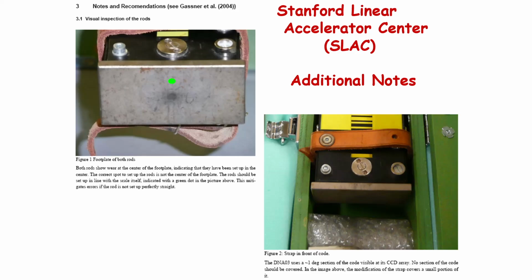Well, footplate of both rods. You can see that the footplate should be really plain and must not have any defects.